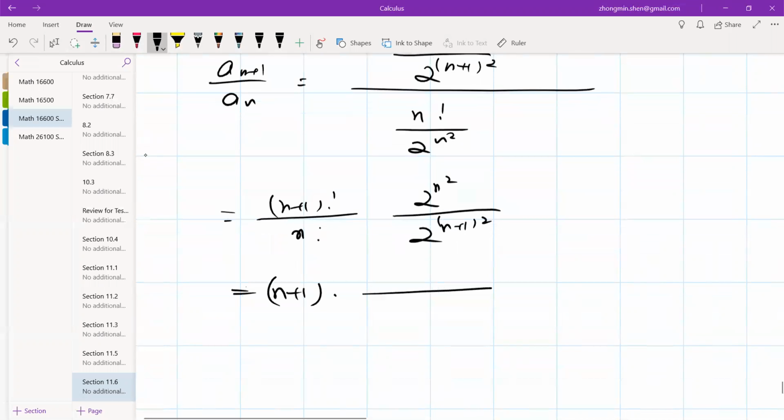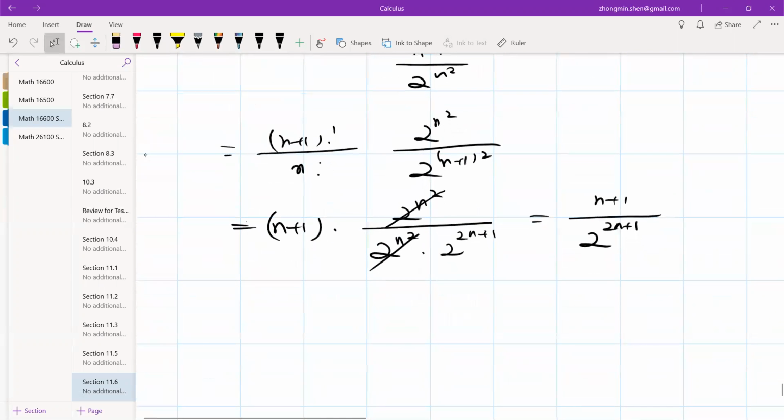And here, to simplify it, I need 2 to the n squared plus 2n plus 1. So I just separate the 2n plus 1, and this will be canceled out. So my result will be this.